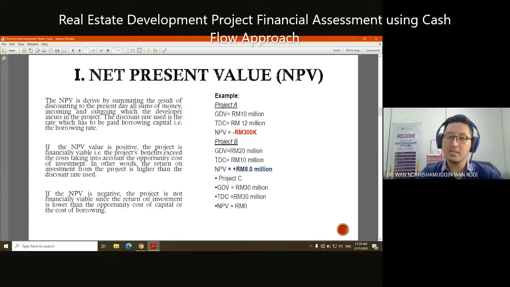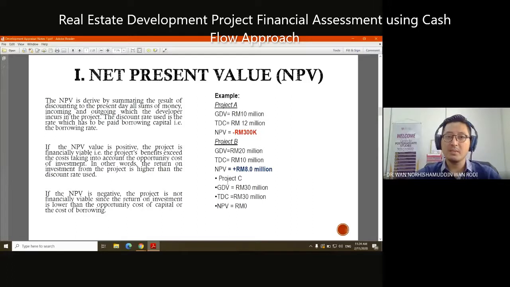So as far as we are concerned, can we say that project C is viable or not viable? This is normally for public projects, government projects, such as building a school, clinic, police station, and etc.